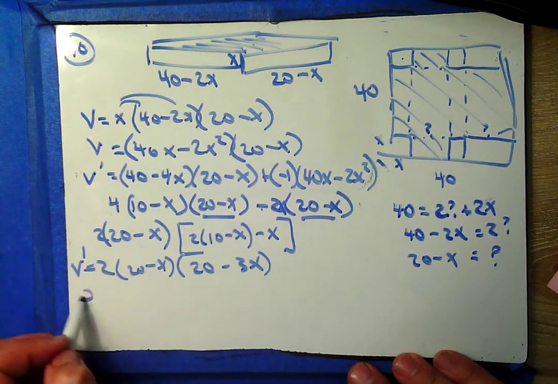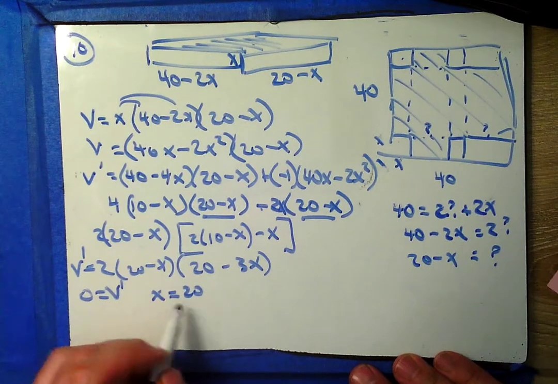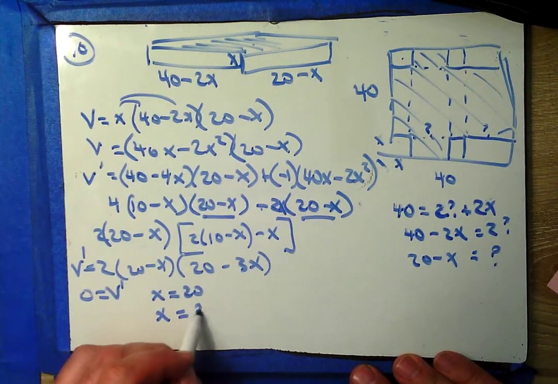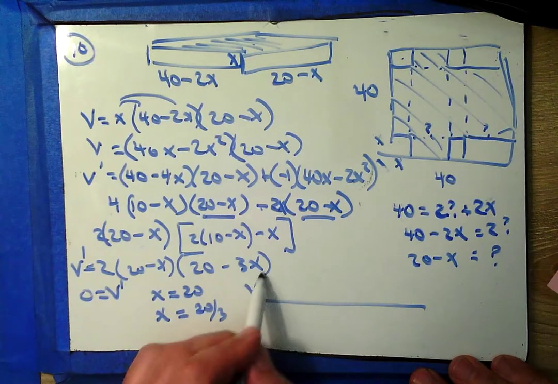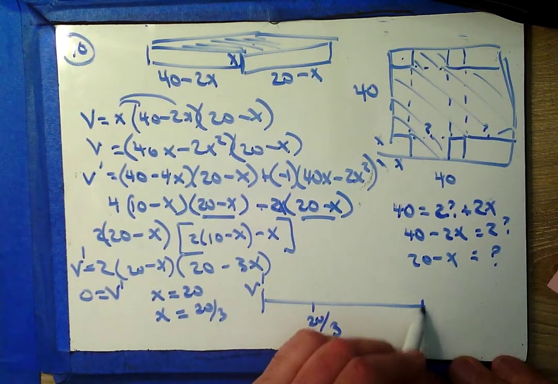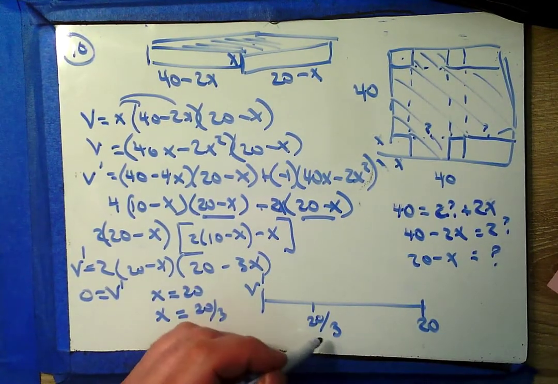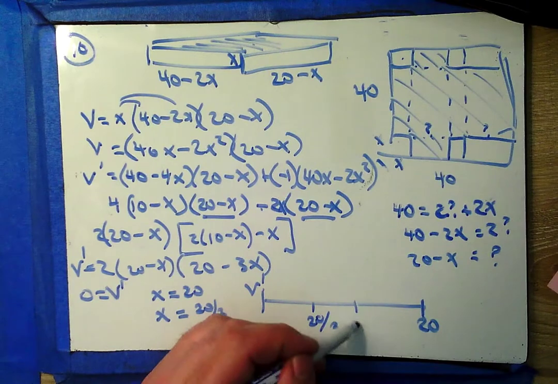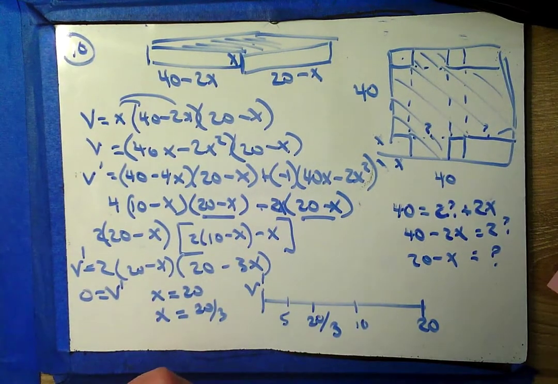Okay, so what critical points do we have? When V prime equals 0, we get x equals 20 and x equals 20 thirds. So, V prime sign chart: we'll plug in 20 over 3 and 20. 20 divided by 3 is a little bigger than 6, so I'm going to be safe plugging in a 5 and a 10 into V prime.